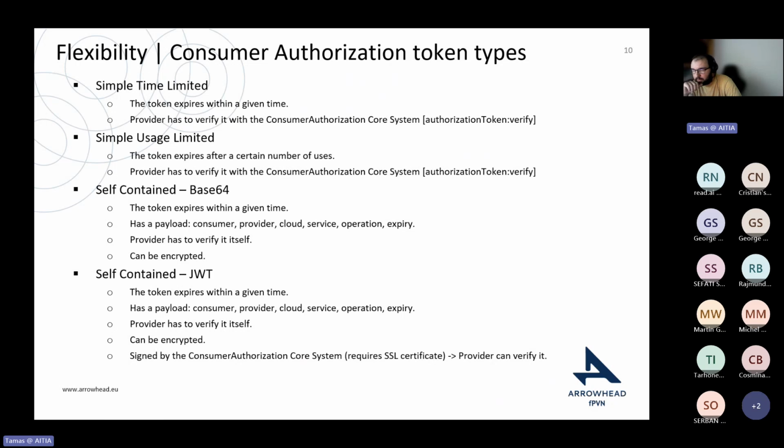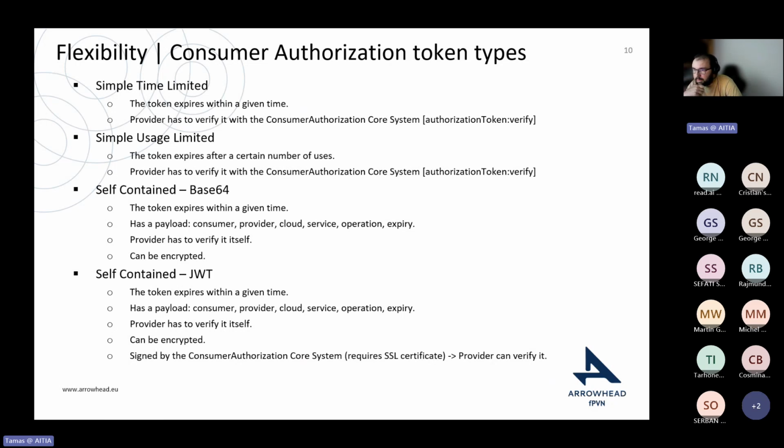It always has a payload which contains the consumer, provider, the cloud, the service, the operation, and the expire time. And the provider has to verify it by itself. So your provider is not consulting with the consumer authorization core system when it gets a self-contained token, but your provider deals with it by itself.